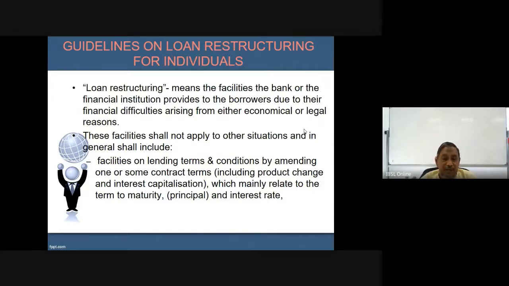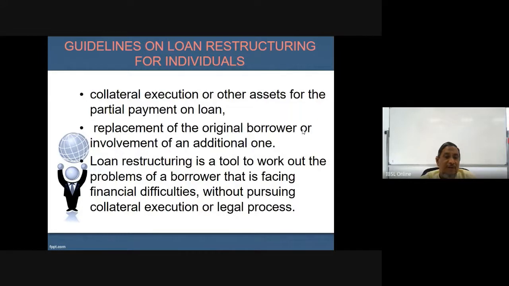In the maturity, that is the tenure of the loan, extending it is also one of the methods available for restructuring. Collateral execution or other assets for the partial payment of the loan.